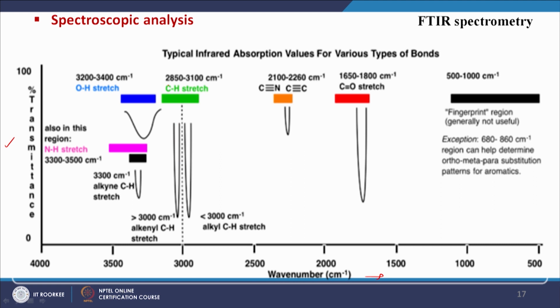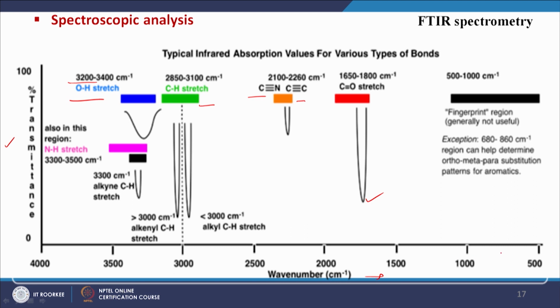This range is the CH stretch, OH stretching, 3200 to 3400. Similarly, 2100 to 2260 is the CN or C triple bond C. So, these are the different functional groups we are talking about. Now the C double bond stretch is responsible for this peak.